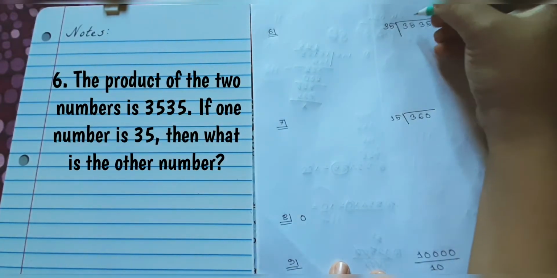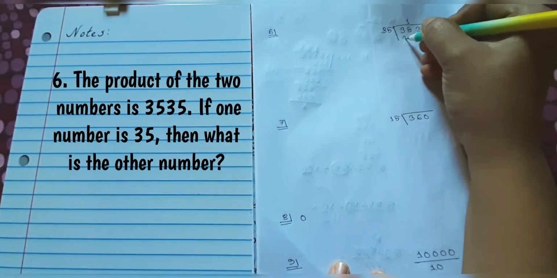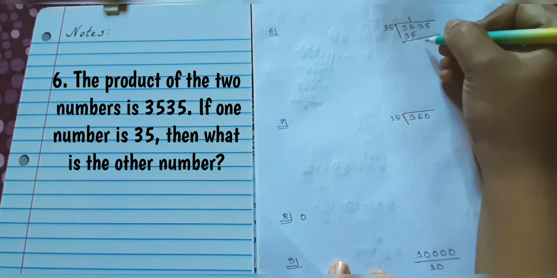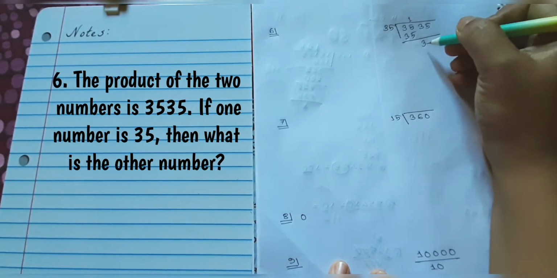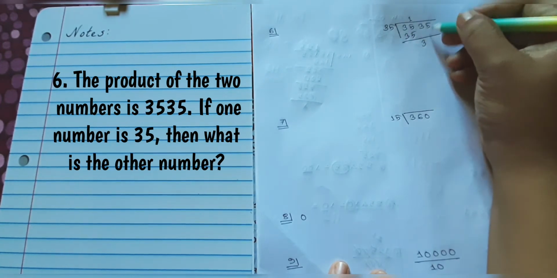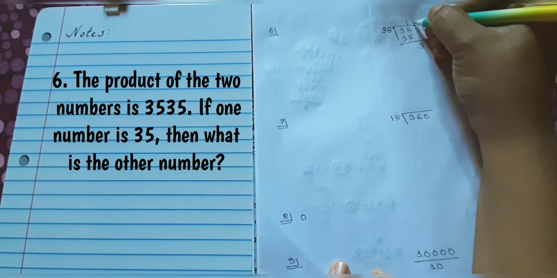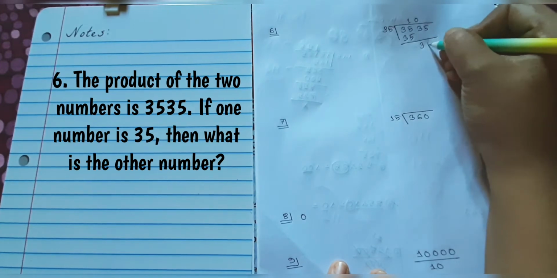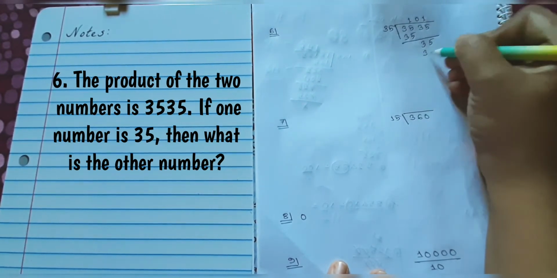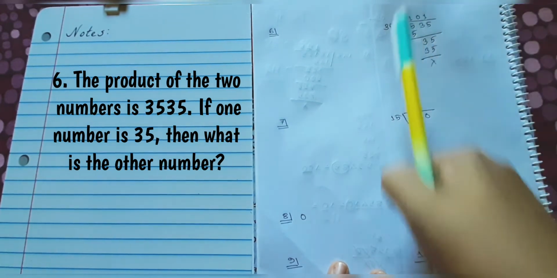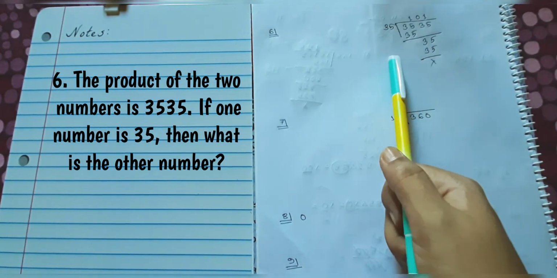So 35 will go into 35 for only 1 time. The result is 0 over here, 3 comes down, but now 3 cannot be divided by 35, so we need to take down that 5 also. So we give another 0 to force down the 5, and now you can see that 35 goes into 35 for only one time, and this is your answer. Ta-da! Very easy, right?